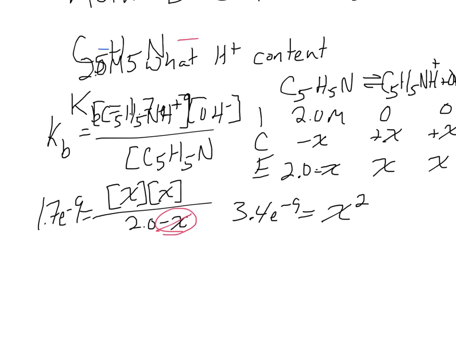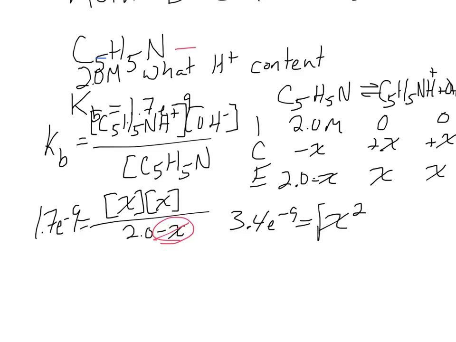When we square root both sides, we're going to get X is equal to 5.8 e to the negative 5th. So that is equal to, again, our concentration of hydroxide ions.